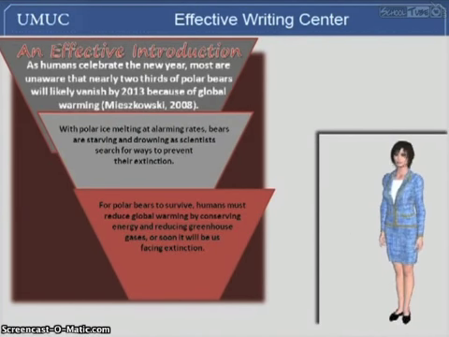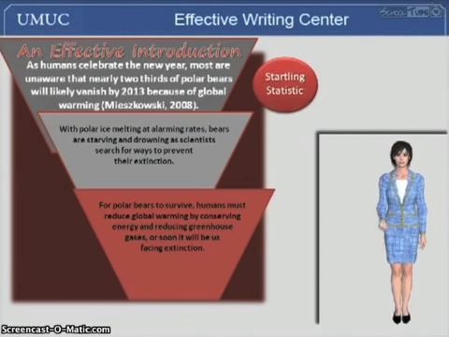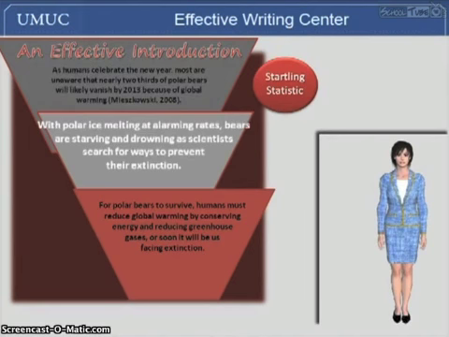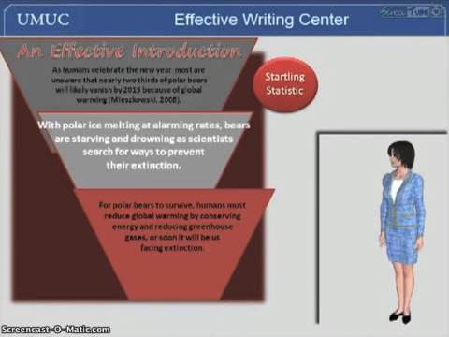As humans celebrate the new year, most are unaware that nearly two-thirds of polar bears will likely vanish by 2013 because of global warming. As you can see, it begins with a startling statistic that underscores the topic's importance. Next, with polar ice melting at alarming rates, bears are starving and drowning as scientists search for ways to prevent their extinction.